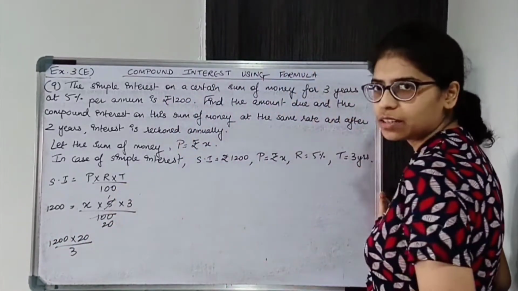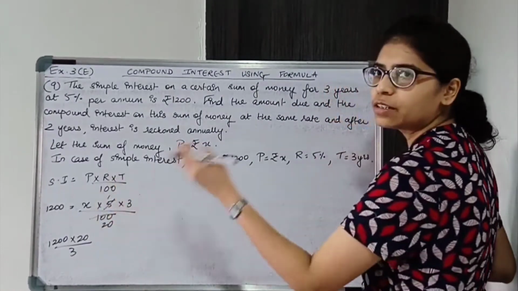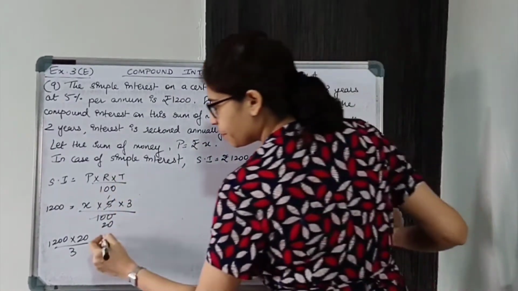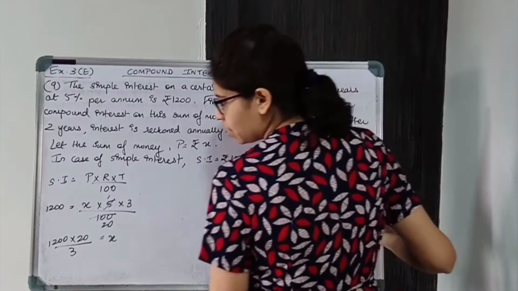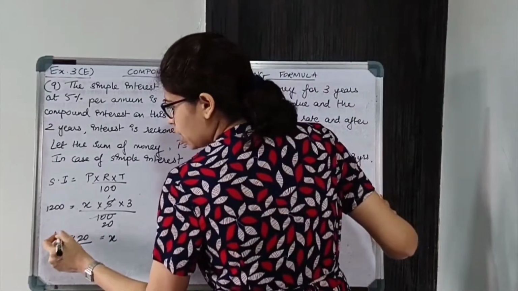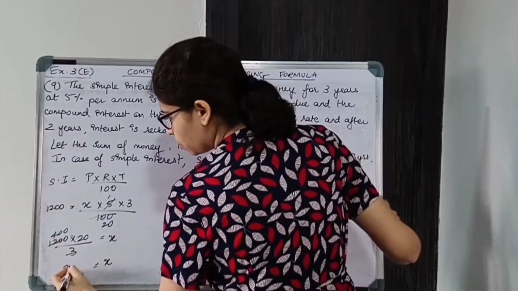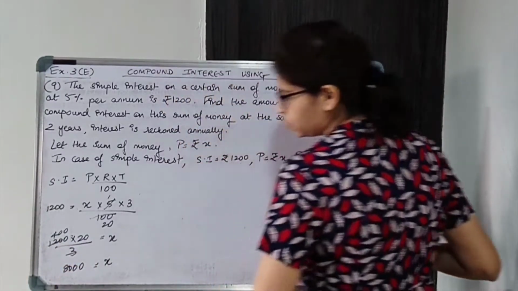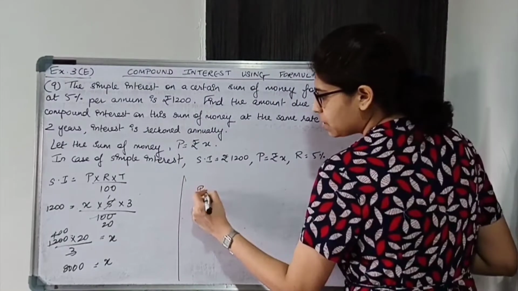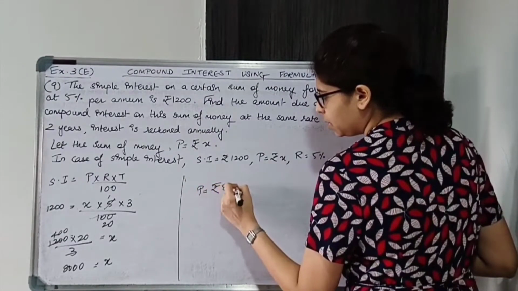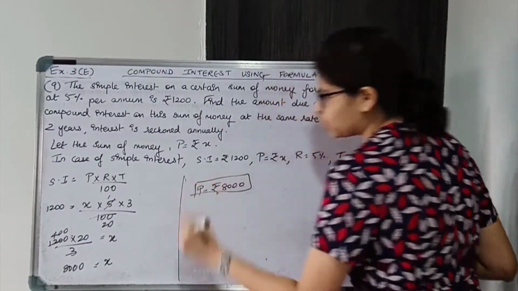Shifting the numbers on the other side, denominator goes in numerator, numerator goes in denominator, is equal to X. 3 4s are 12 and 0 0. So we get X is equal to 8000. Okay, so principal is equal to rupees 8000.